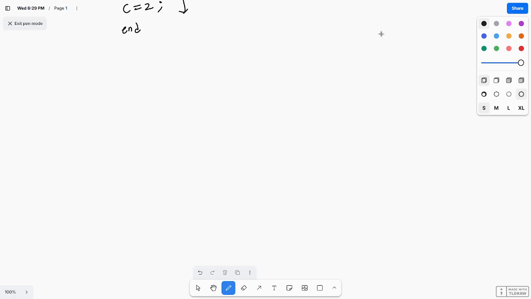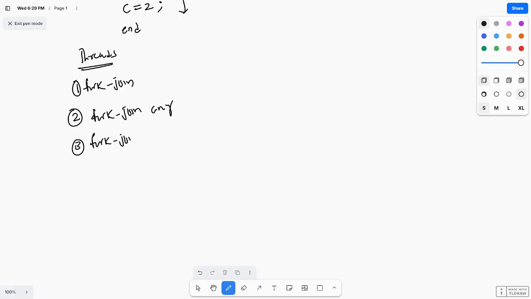So for threads you have fork join, next you have fork join any, and next you have fork join none. These blocks will execute in parallel.